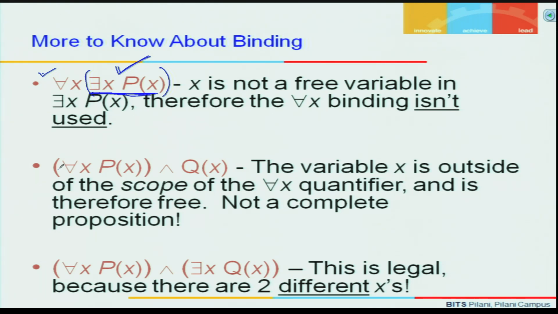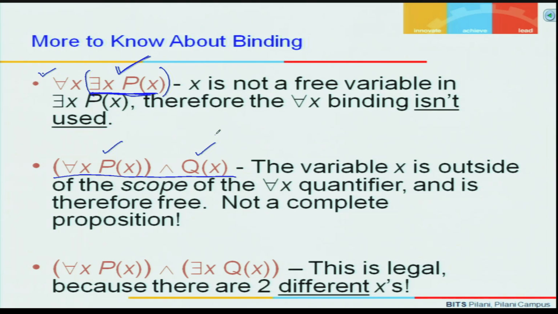Whereas if you consider this particular statement, for all x P(x) and Q(x), this becomes a proposition because it does not have any free variable, and this still remains a predicate which is having only one variable. It is not a complete proposition, but it is still a predicate.